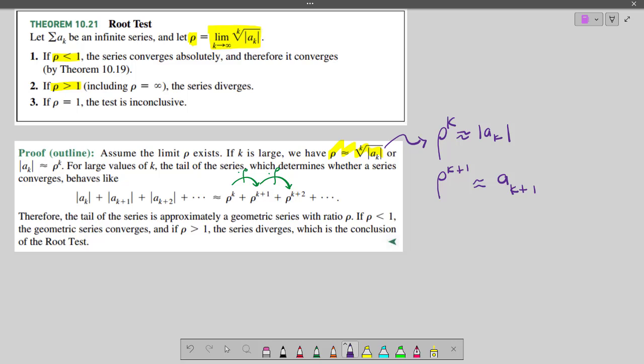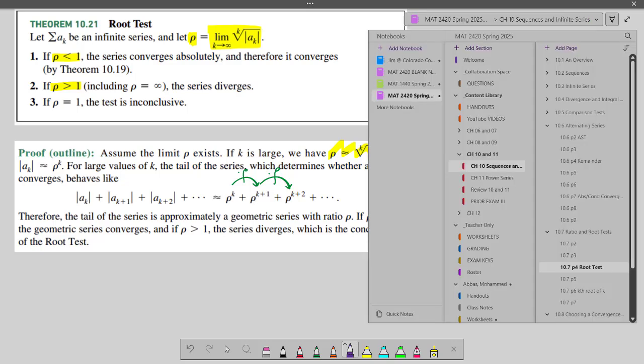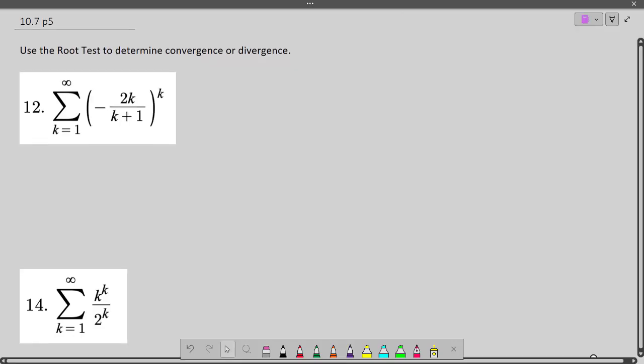So once again, it has a geometric nature. The tail is geometric. And then our conclusion is, of course, the same as the geometric series, which is the same as the ratio test, which makes our life way easier.